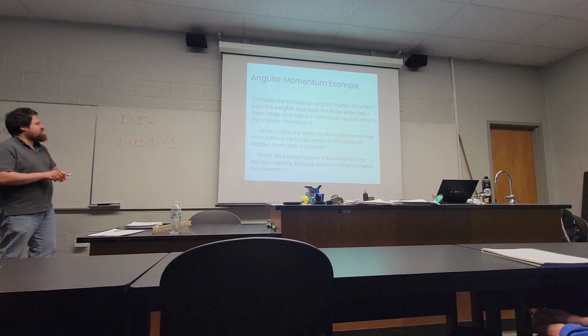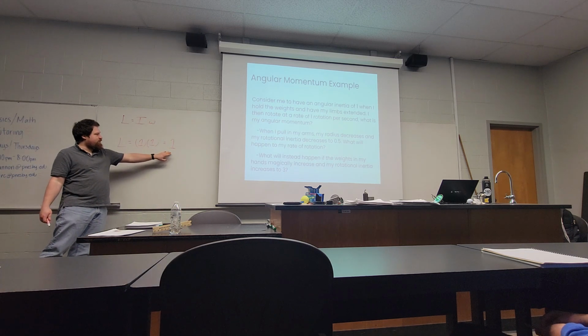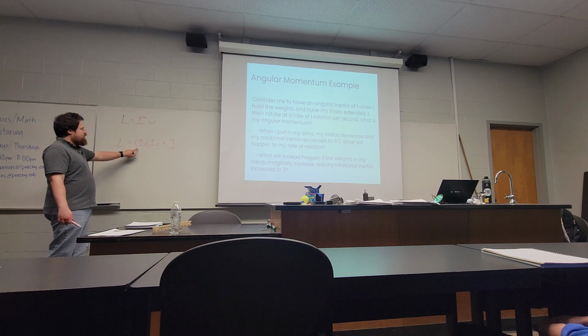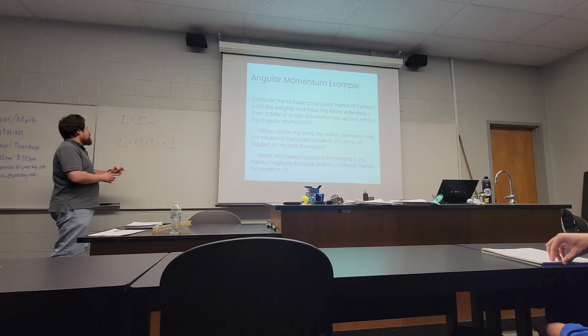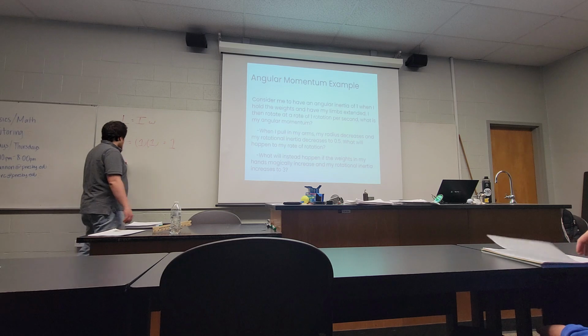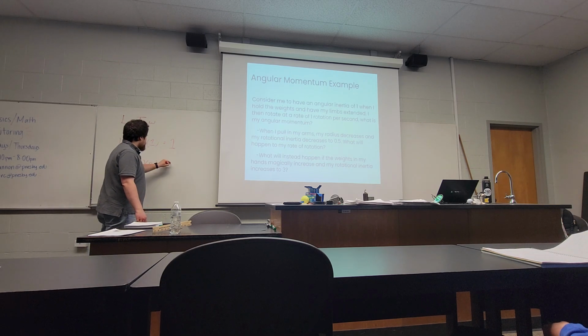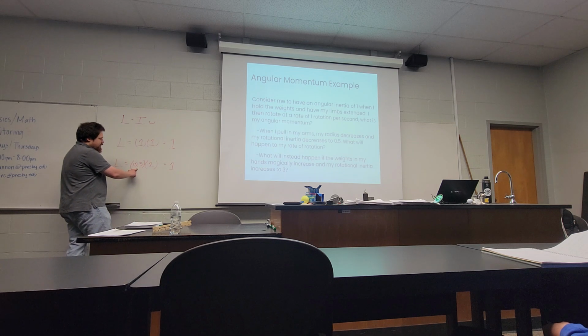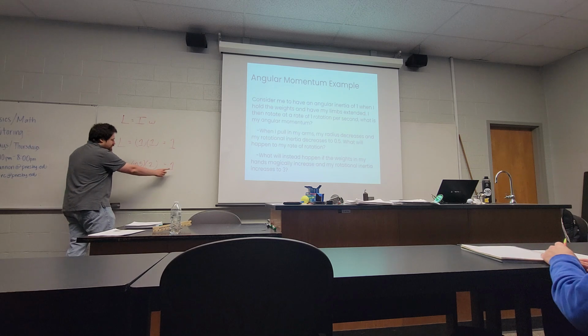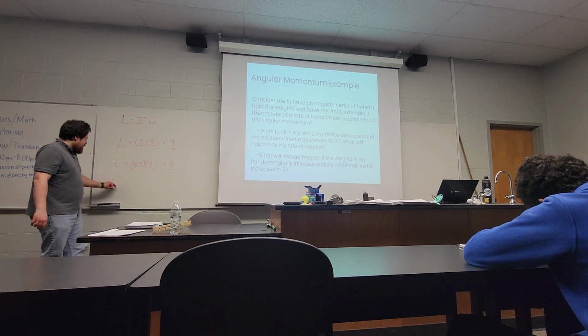Throughout these whole processes, my angular momentum must remain the same. Initially, we're multiplying 1 by 1. In the second scenario, we're multiplying 0.5 by 2. I cut my angular inertia in half, therefore my rotational velocity has to double to give you the same answer.